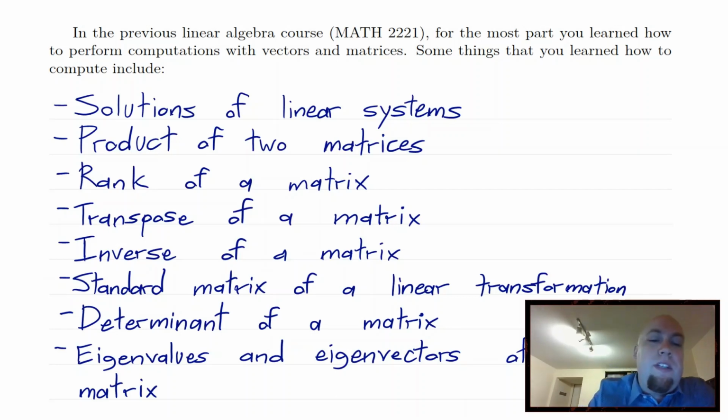We also learned about the determinant of a matrix. Remember, the determinant has a big, long, hideous, ugly formula, but all it represents is the signed volume of how much the linear transformation expands space. If you think about a matrix as a linear transformation, you can ask what it does to the unit square, unit cube, or unit hypercube, depending on the dimension.